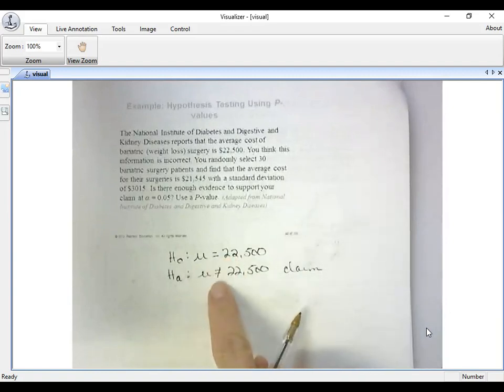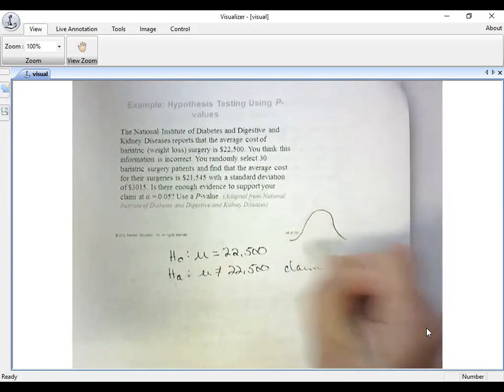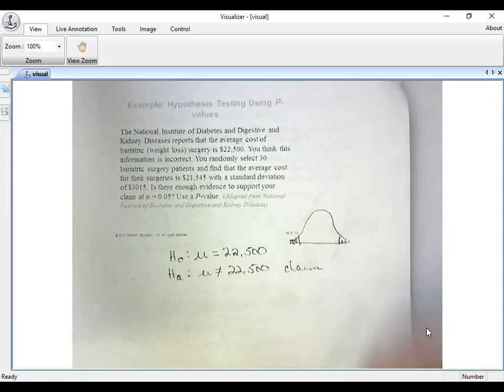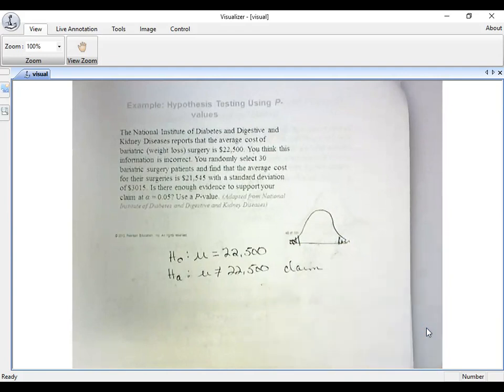So we're saying we don't think it's right. This is the data that's reported. And you guys have said this is a two-tailed test. So in this situation, it'll be our claim? We're testing our own claim. Well, your claim is that their information is incorrect. So we're running the test to see whether we can support that claim or whether we can't support that claim, okay?